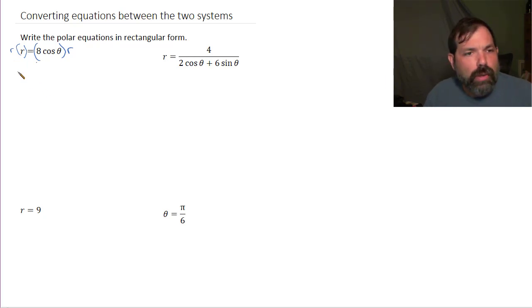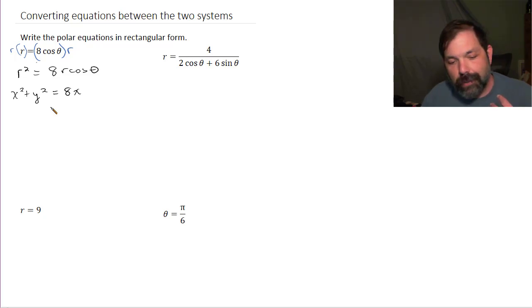So then this becomes r squared is equal to 8r cosine theta. r squared is x squared plus y squared. 8r cosine theta is 8x. And hopefully you recognize this, if you're taking pre-calculus, you should certainly recognize this. If you haven't taken pre-calc or you're not taking it yet, you may not. But this is the equation of a circle.